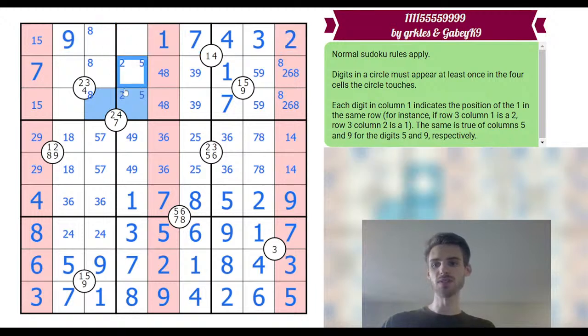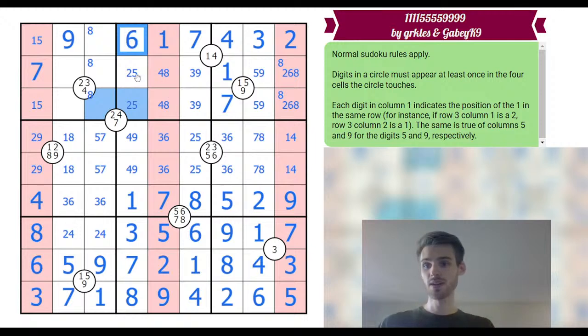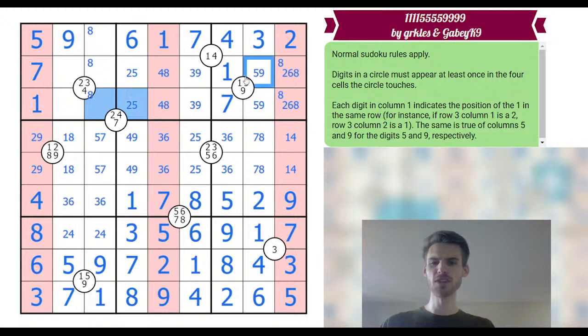That's not a 2, which means we have a 2-5 pair here, which gives this digit. That is a 6. This 1 says that that's a 5 and that's a 1. Which doesn't resolve these 5s. But this digit is an 8.